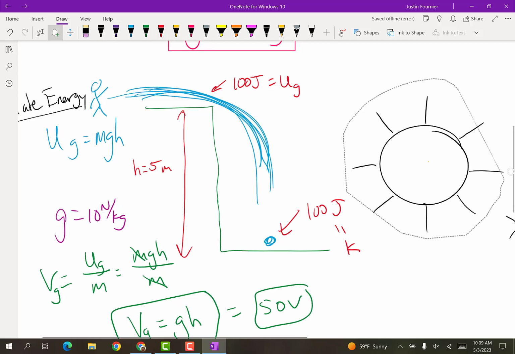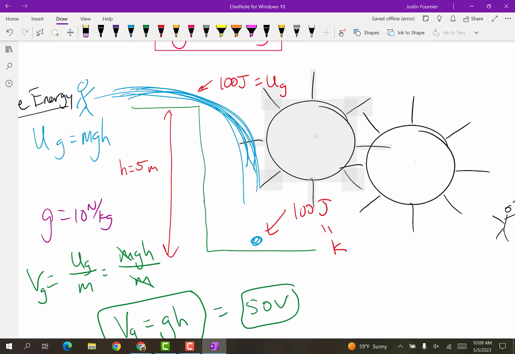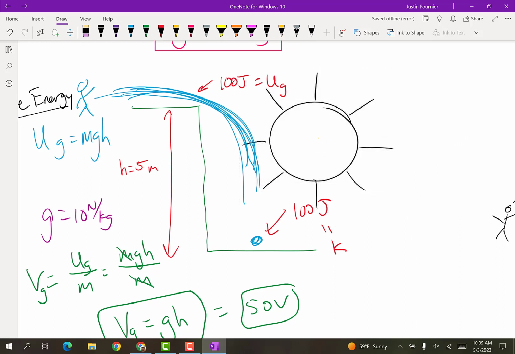But I could move my water wheel over here and take some of that energy. If I do that, the wheel's going to spin at some angular speed, and now I'm going to have less energy for this water at the bottom. Maybe now it's going to have, let's say, 40 joules of kinetic energy at the end.